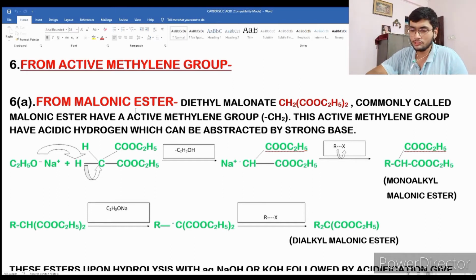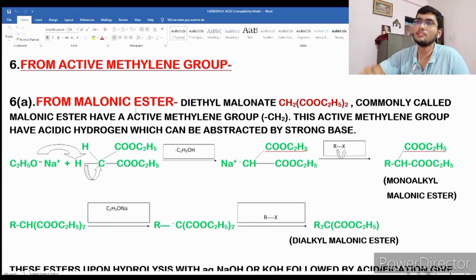The methylene group has acidic hydrogens, so we react them with a base. It will abstract the acidic hydrogen and we are left with a carbanion. Then when we react it with an alkyl halide, the R group will get attached to the carbanion. So this is the first procedure.